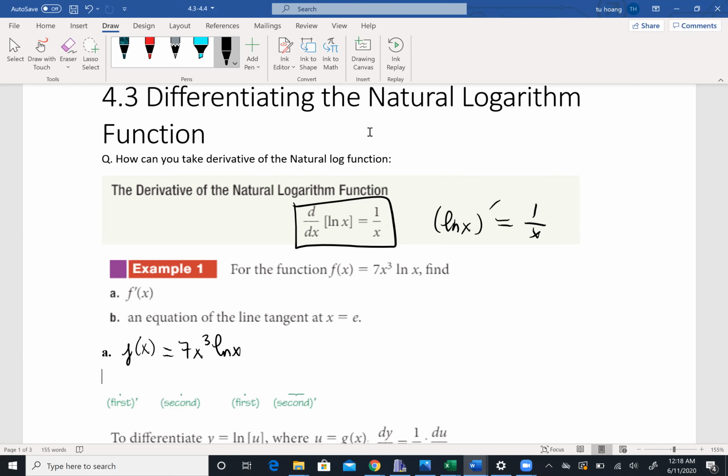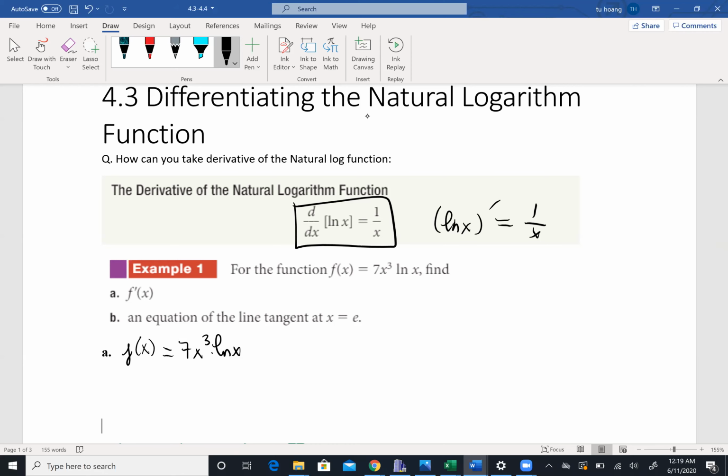Now I know that in this function I have three things. One is 7, a constant, and the other ones are the two factors here.